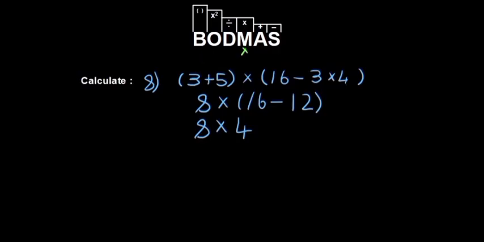So now all we have to do is to multiply 8 by 4 to get 32. And multiplication is gone. So all the operations are gone. So this is the final answer.